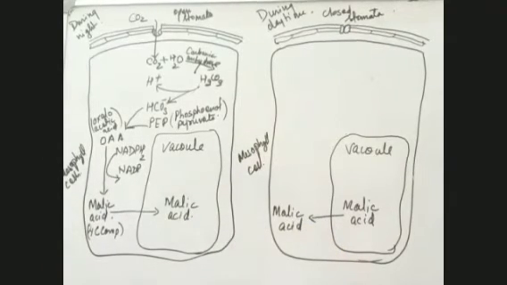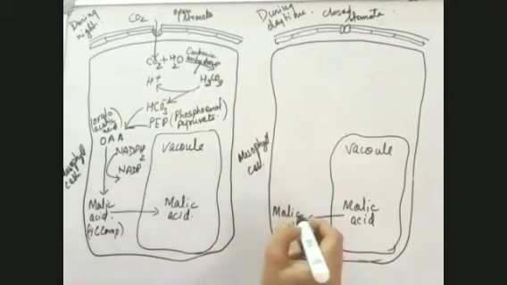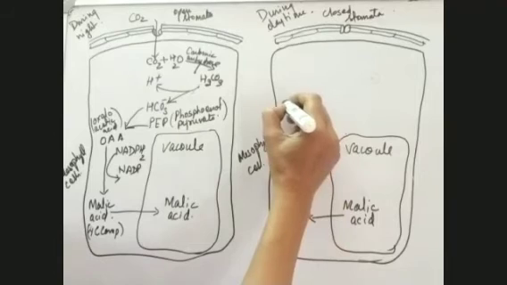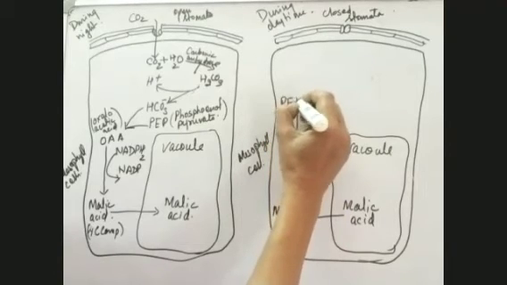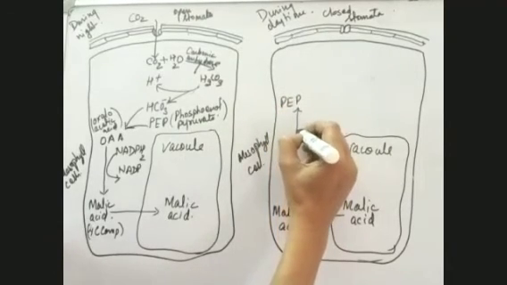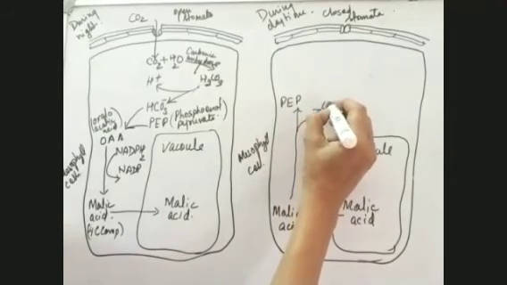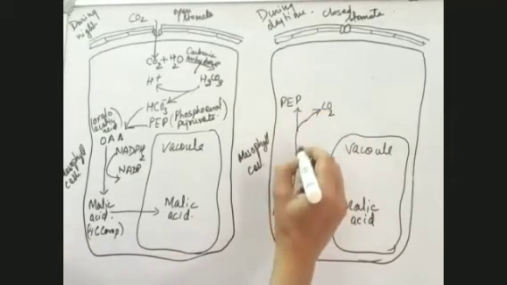When it diffuses out of the vacuole and comes into the cytoplasm, it dissociates. When it dissociates, it forms PEP, phosphoenol pyruvate, with the release of CO2. CO2 is also released.